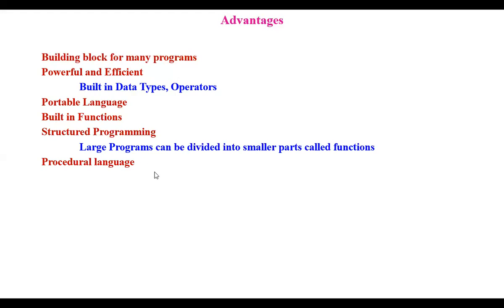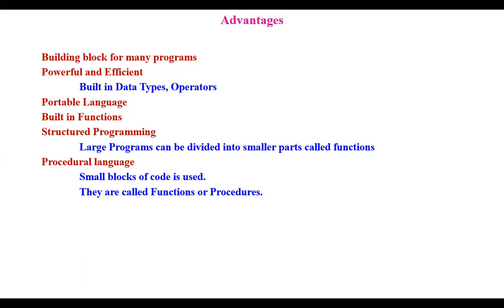Procedural language. We call C a procedural language because small blocks of code are used, and these are called functions or procedures. The small functions or procedures help like small building blocks.